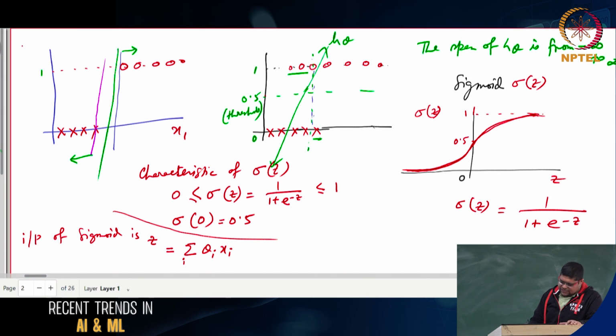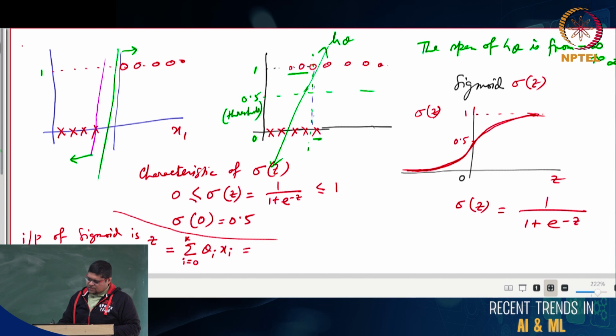If I consider i equal to 0 to K, I am considering a k dimensional feature vector. So this is theta 0 x0 plus theta 1 x1 plus dot dot dot plus theta k xk.